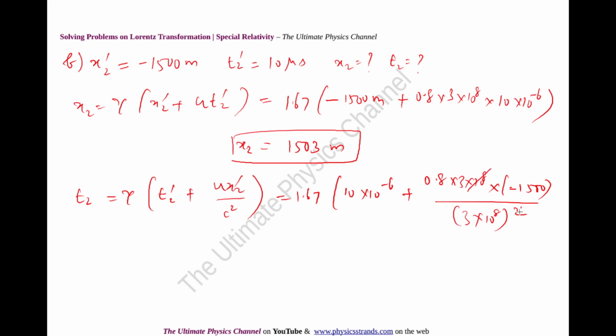It directly cancels, and we have to work out the remaining terms. If you work out the remaining terms, please do the calculations. I find that this is again 10 microseconds.